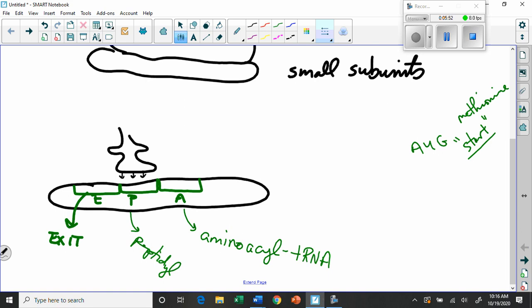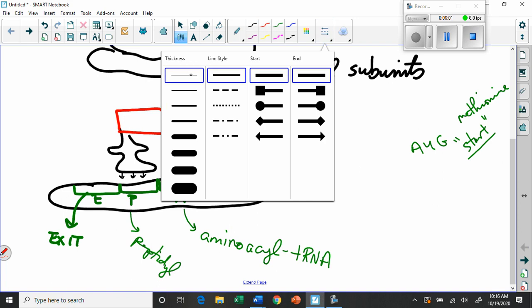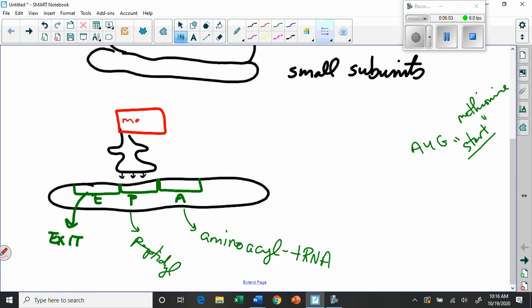And it's carrying methionine as its amino acid. So we'll do the amino acid in red. It's carrying behind it methionine. And methionine is important because it's the go codon. It's the starting codon, right? So that's going to be binding in this site. So this is going to be our scanner. That's what we're setting up here. We're setting up a scanner.